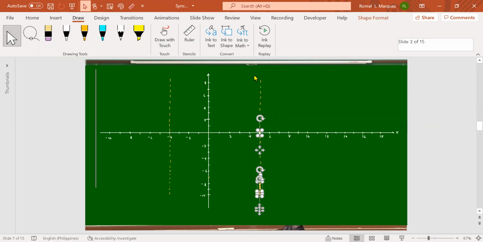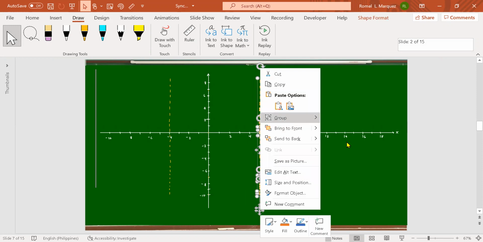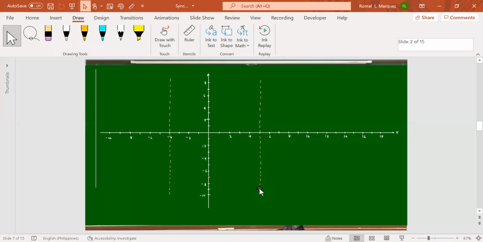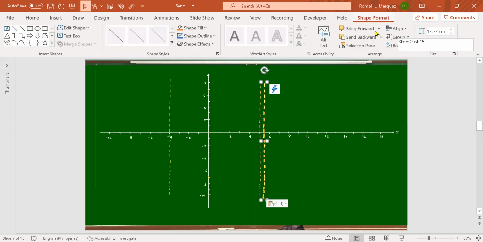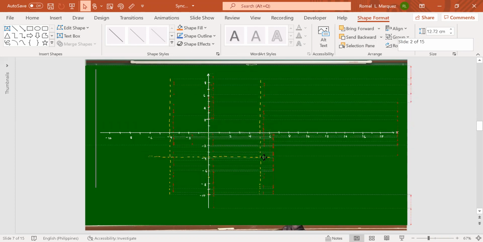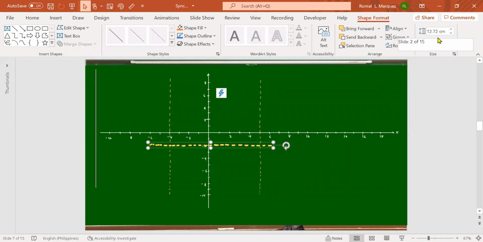Kailangan i-group ko siya. Group, tapos control copy. And then rotate. Ano yung ating horizontal asymptote again, children? Negative 2, somewhere here. Kulang. Let me extend that.